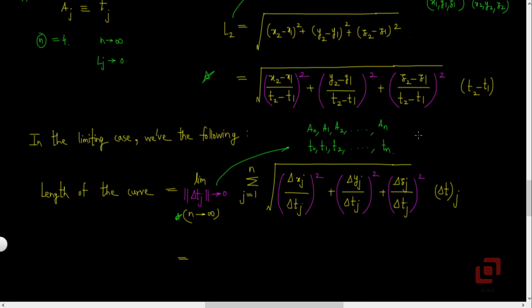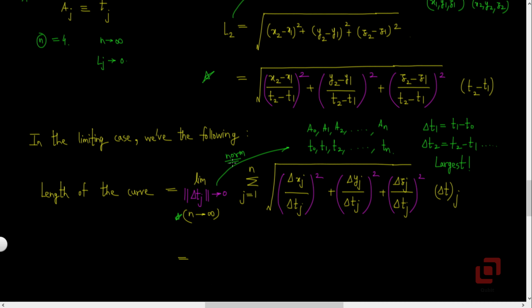We now consider the differences in successive values of t. So delta t1 will be t1 minus t0, delta t2 will be t2 minus t1, and so forth. Out of all these values of delta t's, we consider the largest, and it is that value which is known as the norm.